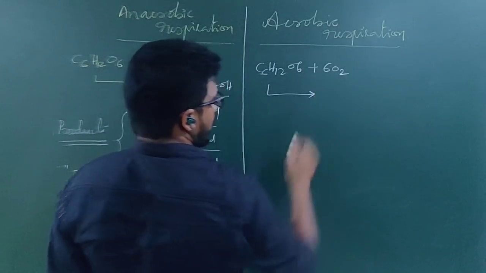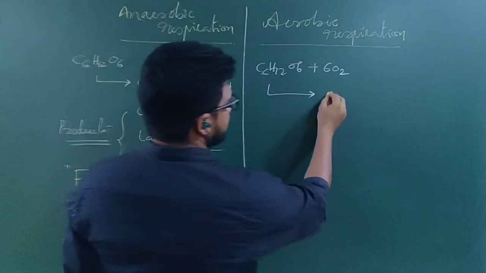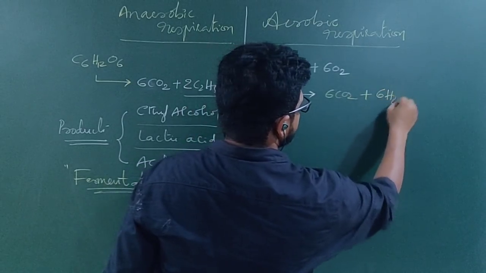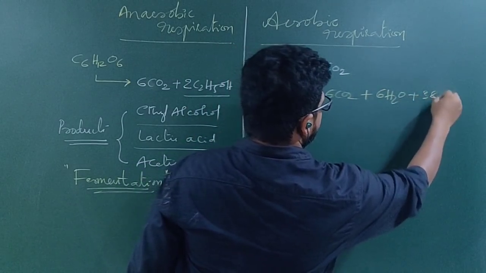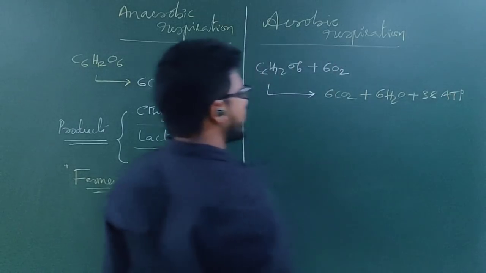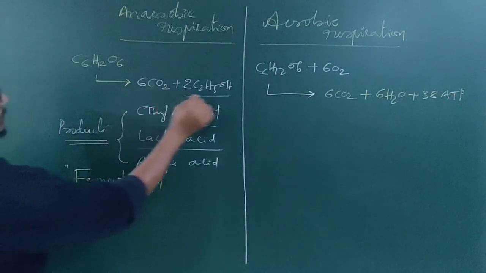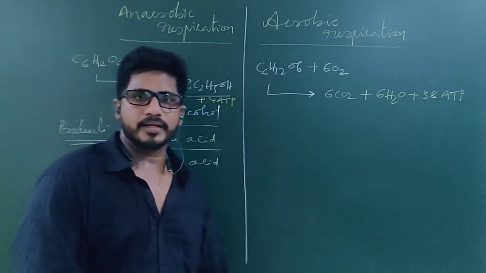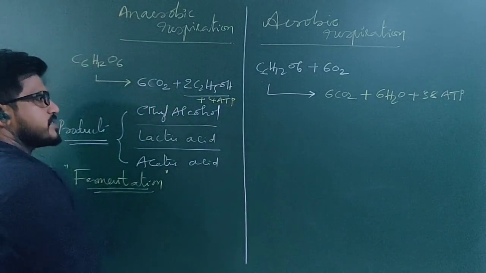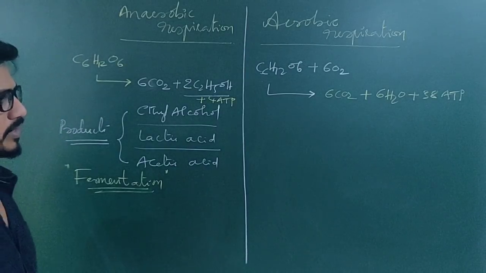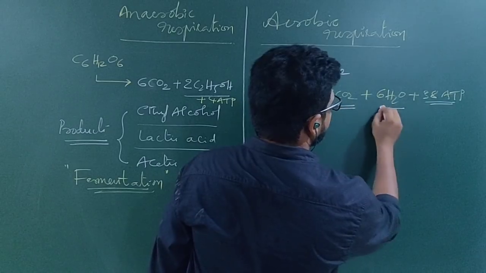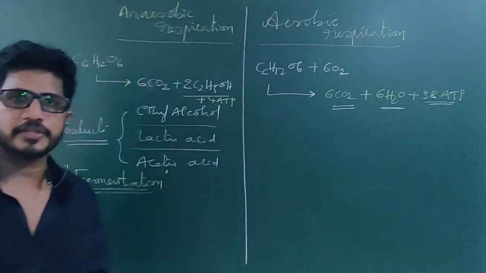So glucose plus oxygen gives 6CO2 plus 6H2O plus 38 ATP. Whereas in anaerobic respiration, plus 4 ATP is coming. And here so many enzymes are required, there is no doubt. But here carbon dioxide, water, and ATPs are produced respectively.